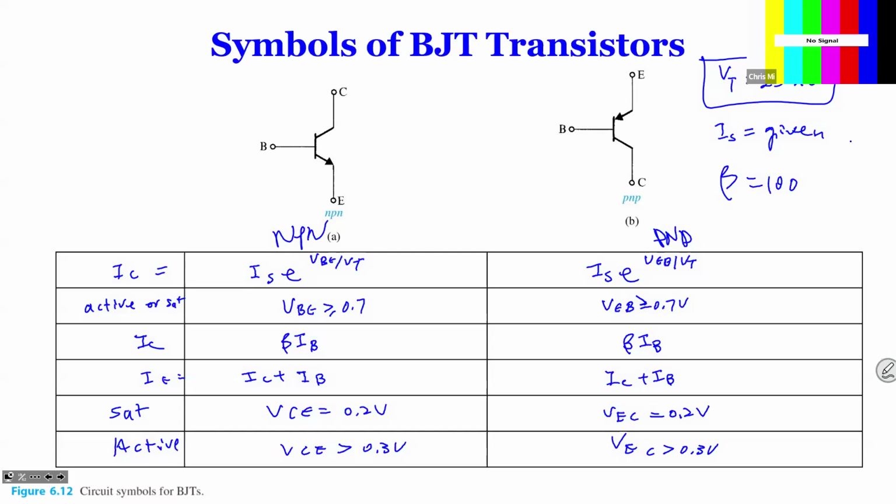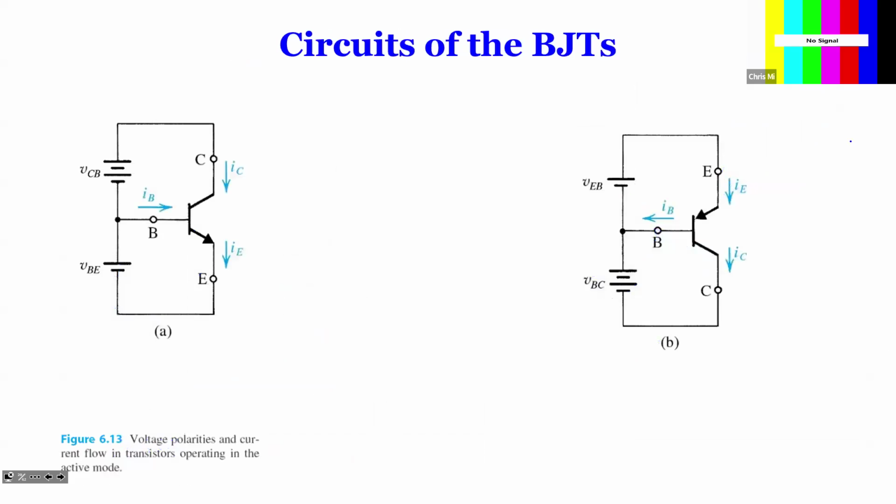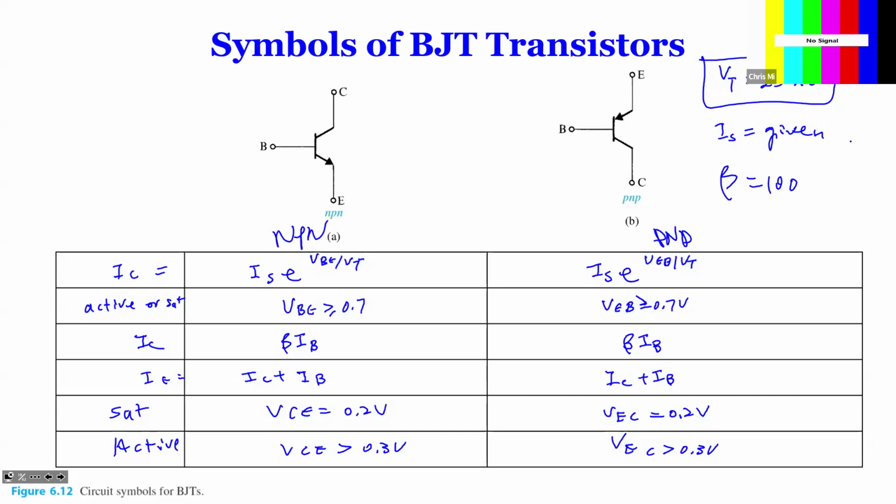So that can be given as well. And then for the circuit-wise, IE is IC plus IB.